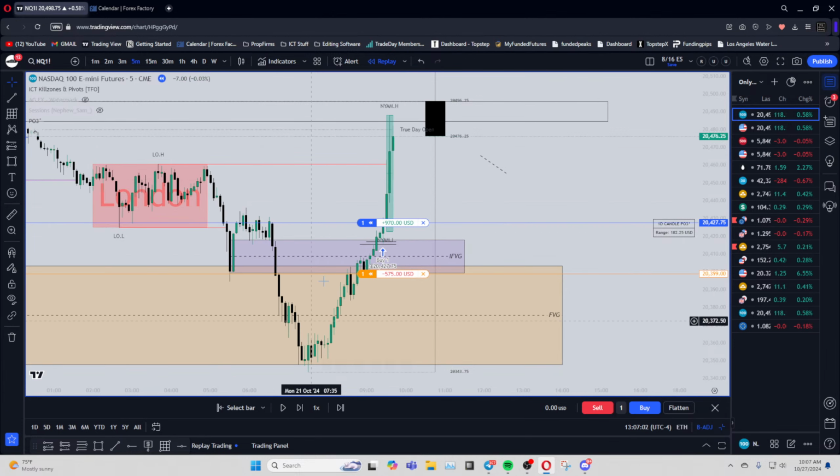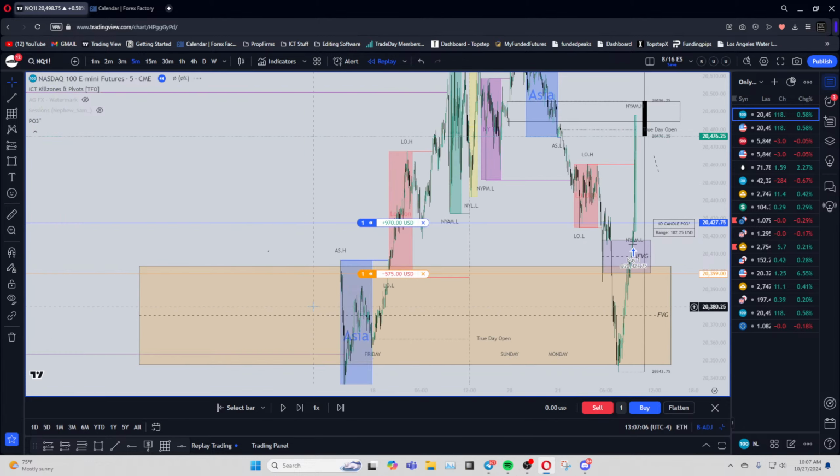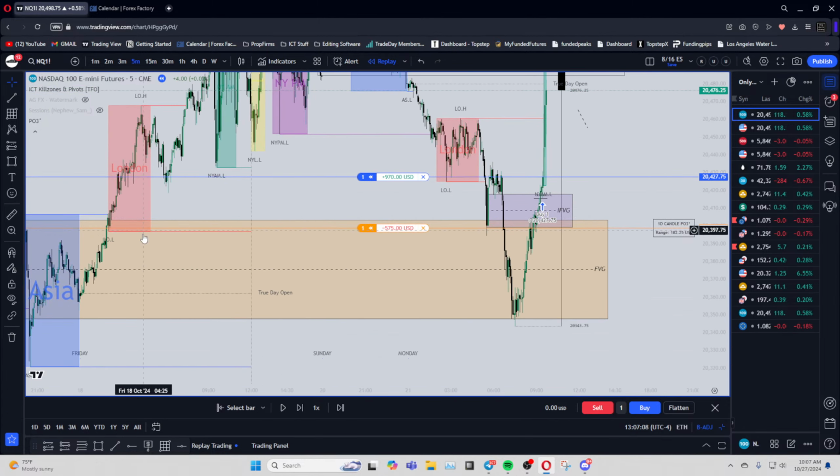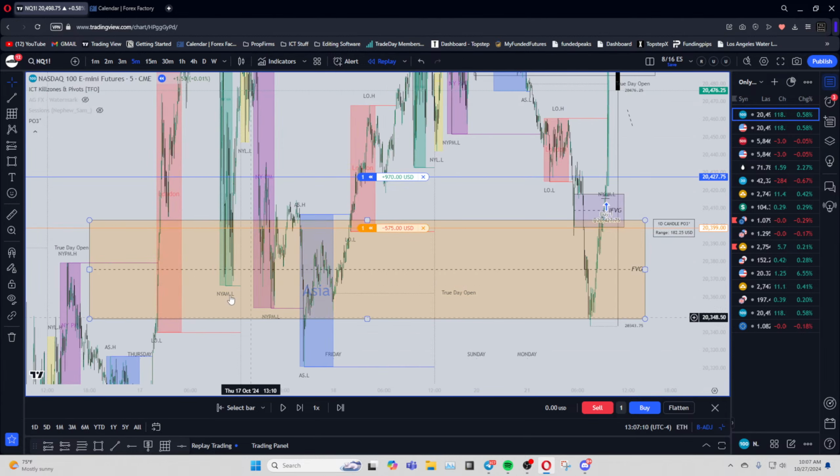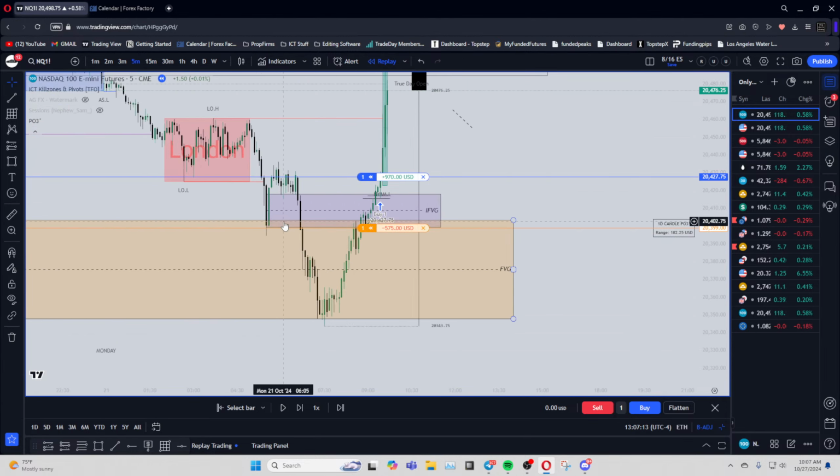Okay, that's a good example right there. Because we've already taken out, say, the previous week's London range, we're respecting that 4-hour fair value gap. This little move right here was already our Judas swing.